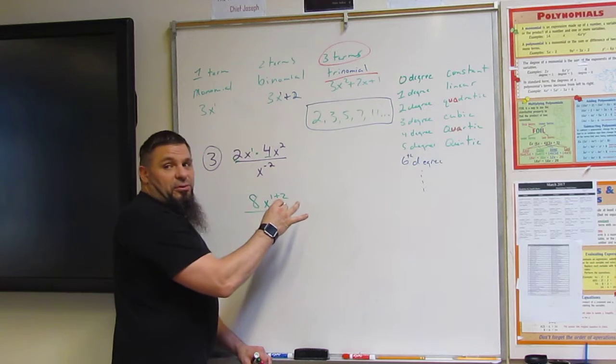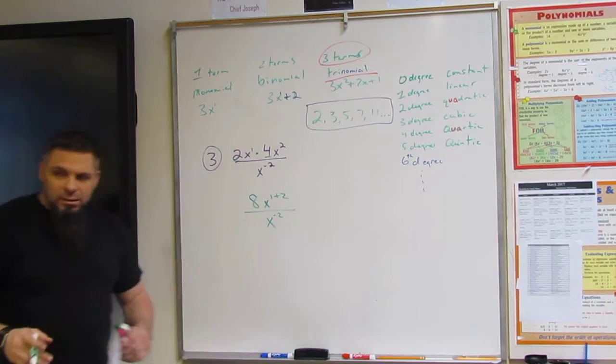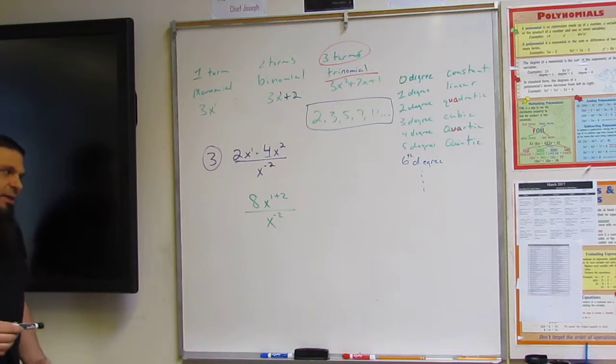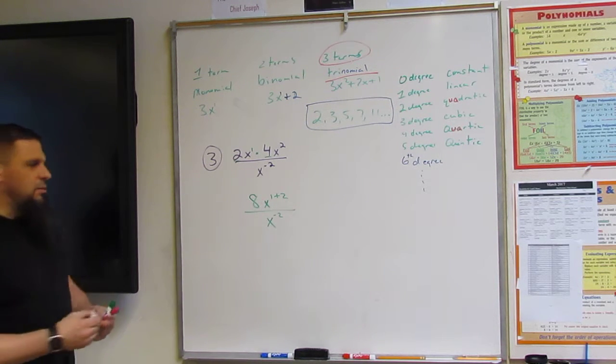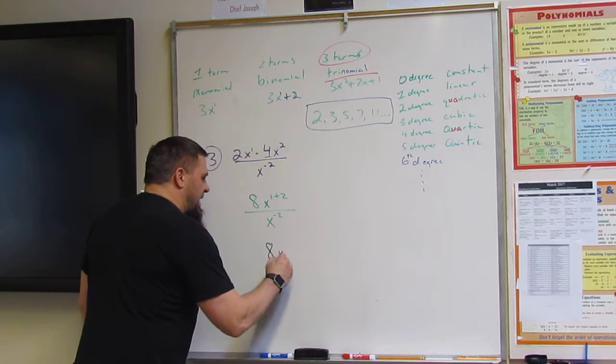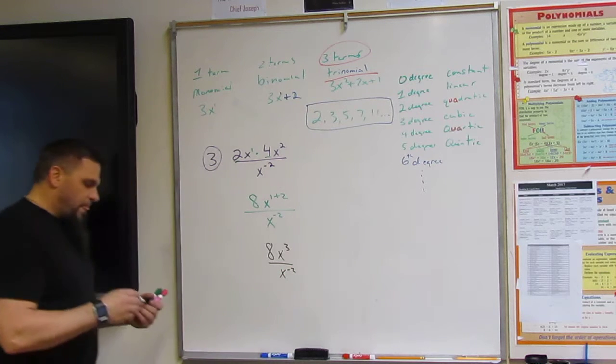And it's going to be over x to the negative 2. Now, some people say that the way I'm teaching it is too hard, and they like to do it a different way. And that's okay. So I have 8x to the 3 over x to the negative 2.